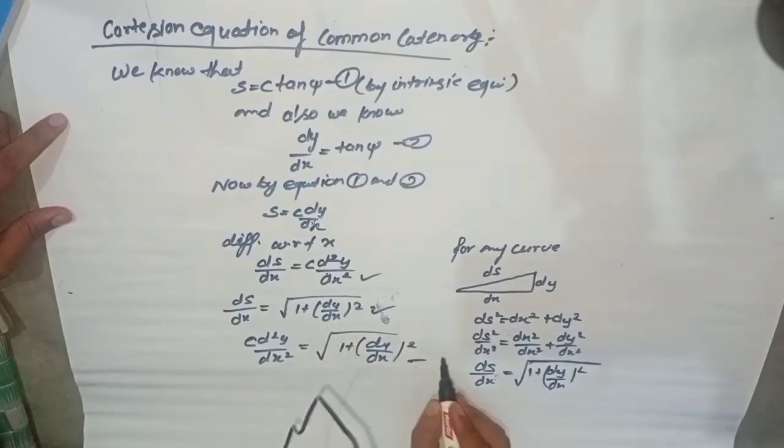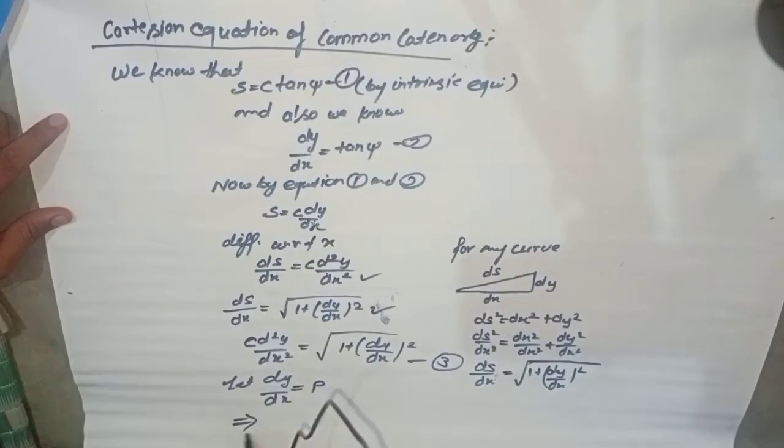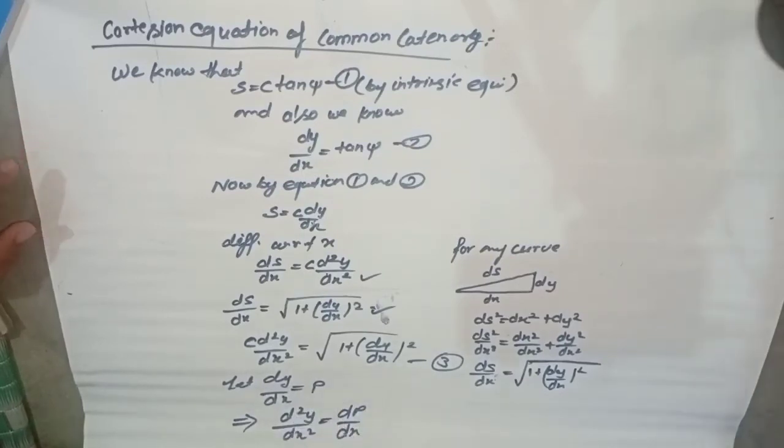Now this is equation third. Now let dy by dx equal to p, then this implies that d square y upon dx square equal to dp upon dx.